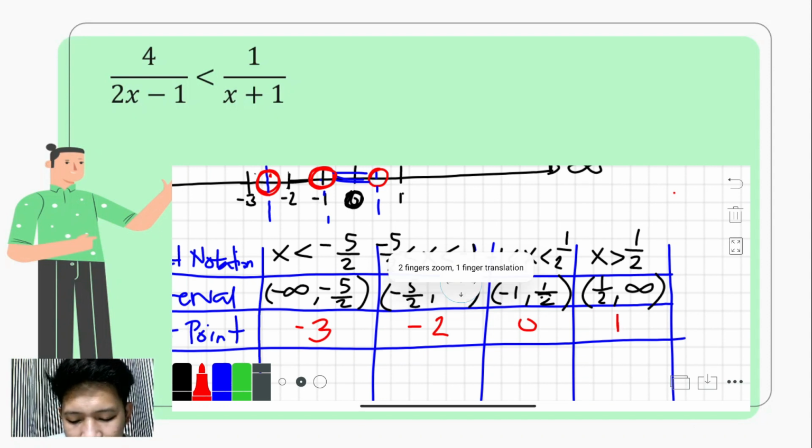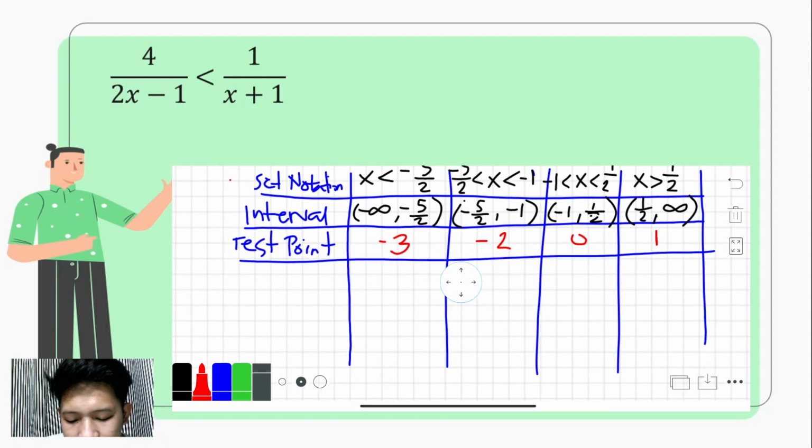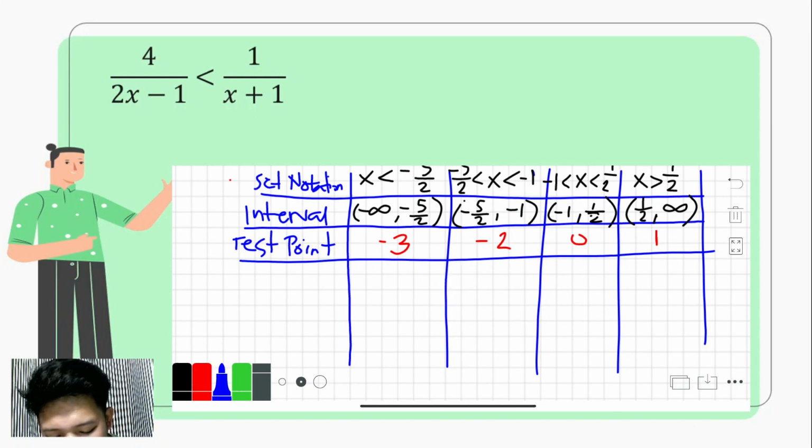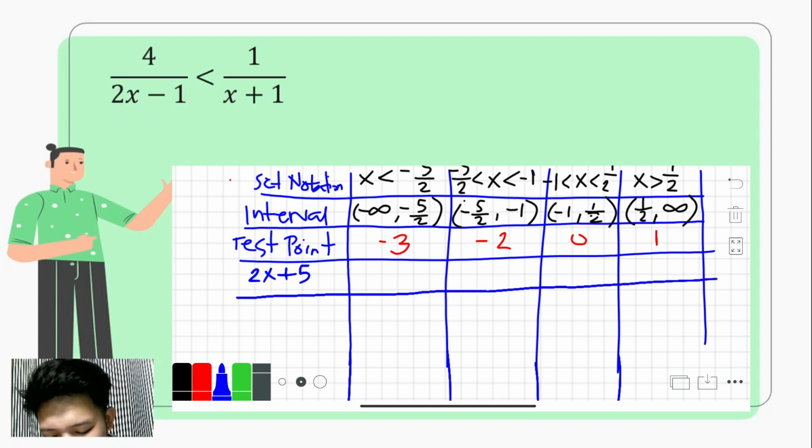And then, after getting the test points, we now list down our critical values. Okay? So, our first critical value is 2x plus 5. Next is 2x minus 1. And then, we have x plus 1.